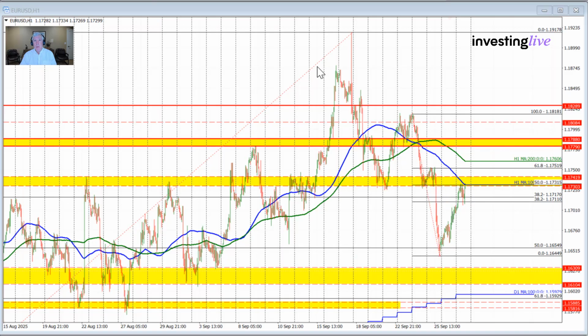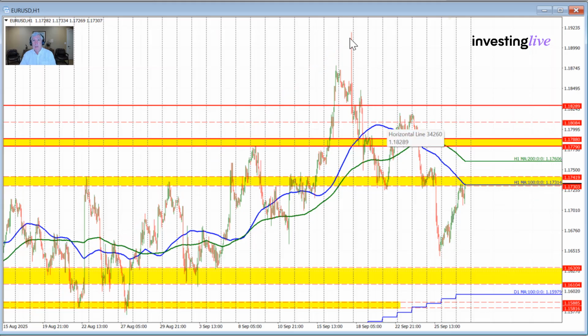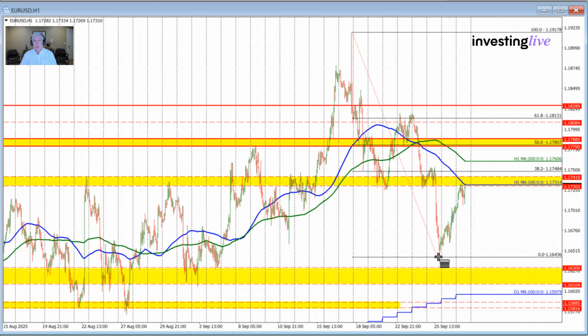Just curious what the Fibonacci retracement would look like if we moved this retracement level up to the high price that we saw after the FOMC rate decision right there. The 38.2% retracement would be another target on the top side if we break above the 1.17419 level ahead of the 200-hour moving average. So be aware of that level on the upside.